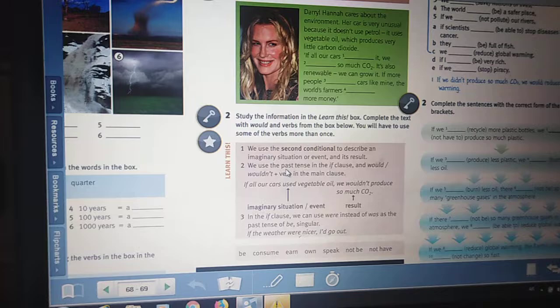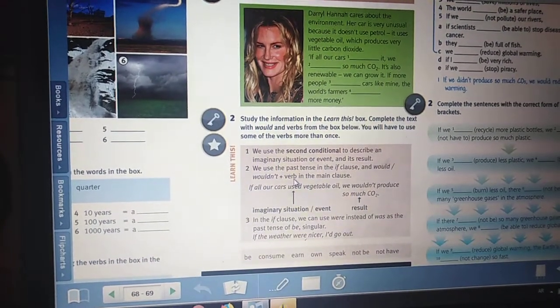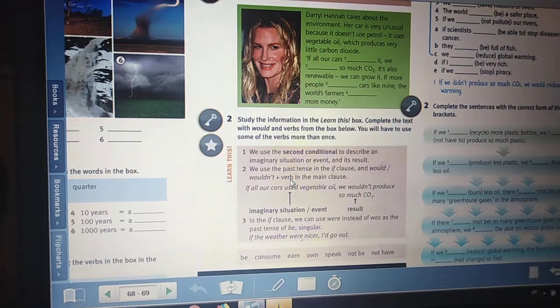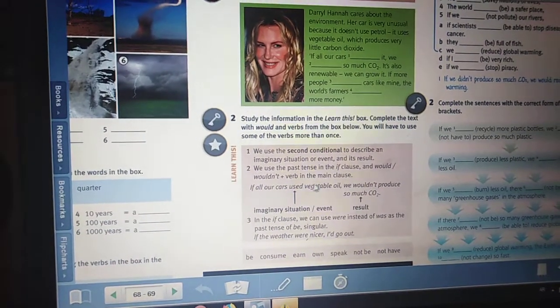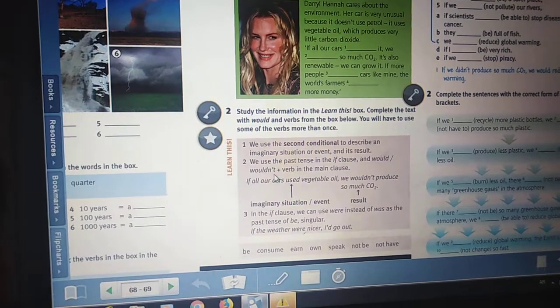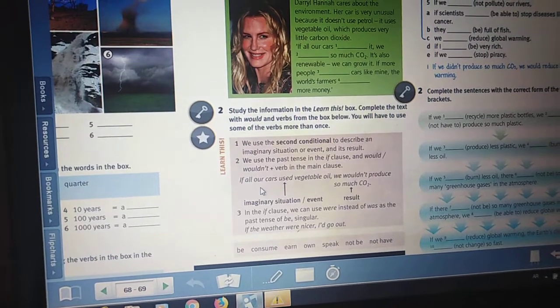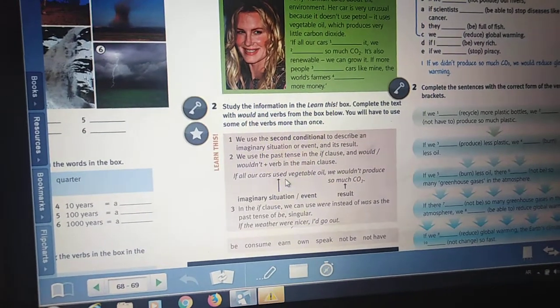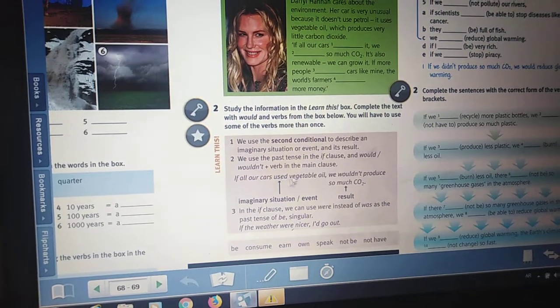All pronouns take verb 2, or we add -ed, in the if clause, and would or wouldn't plus verb in the main clause. So if all our cars used vegetable oil, used is simple past.